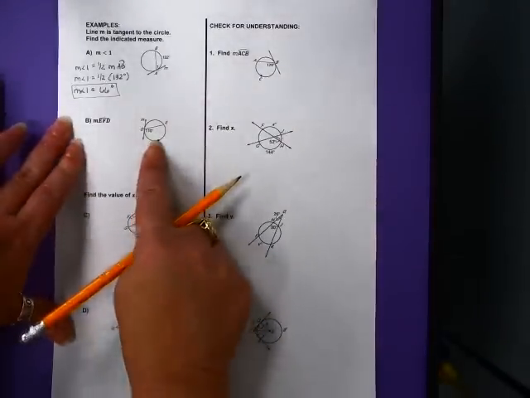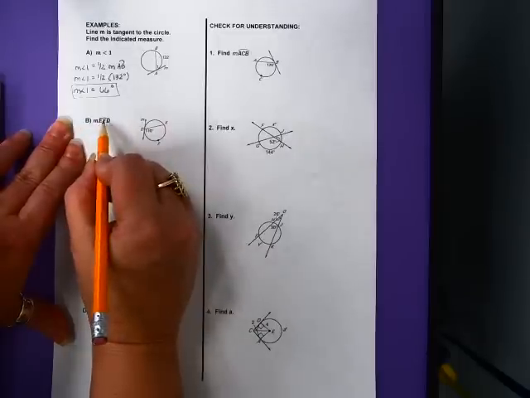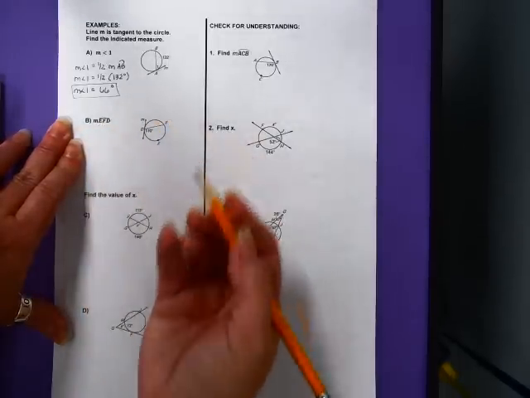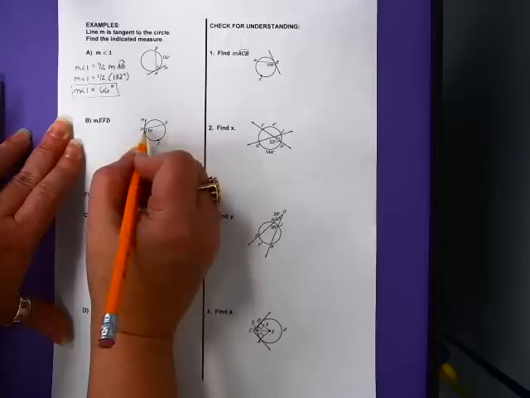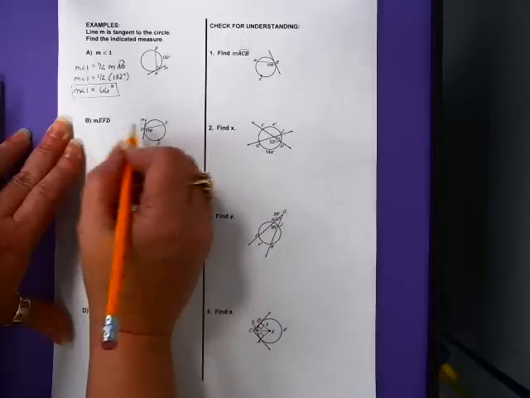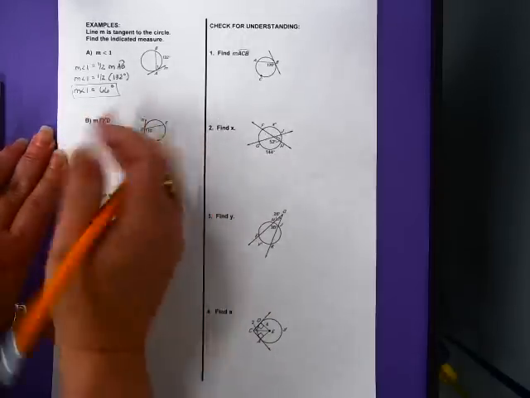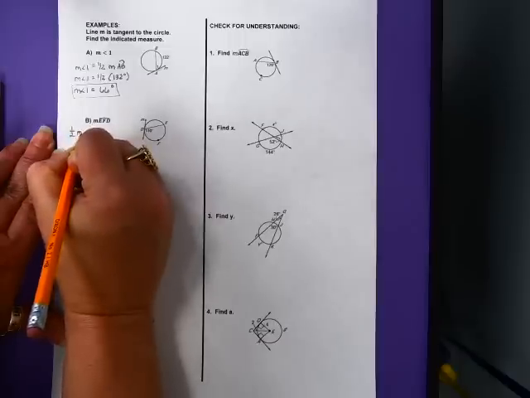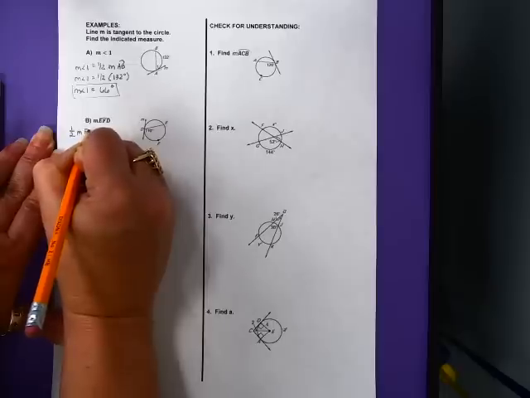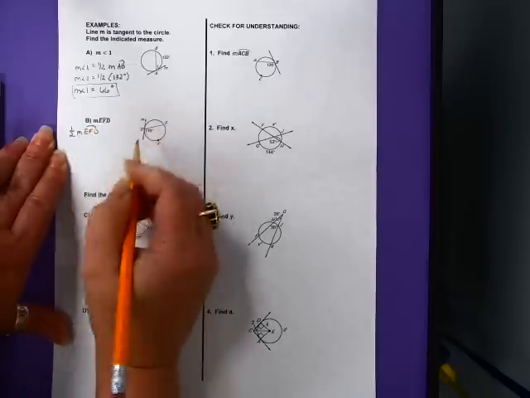Here we have find EFD. Now, what the theorem tells me is that the measure of the angle is equal to 1/2 of the arc. So I'm just going to flip it around and write 1/2 the measure of the arc is equal to the angle.